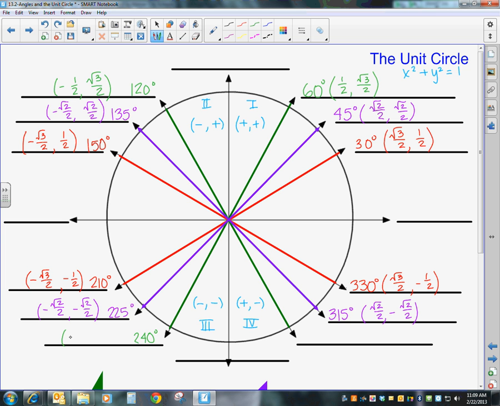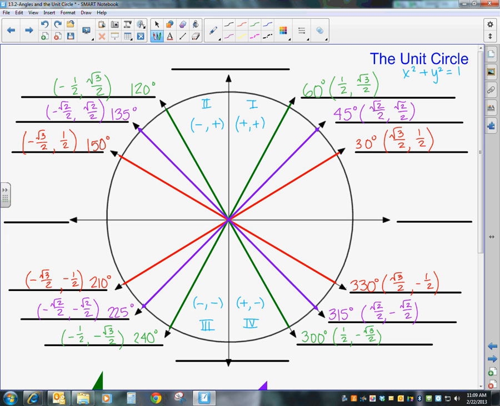Both of them are negative, so I'm at negative 1/2, comma, negative square root of 3 over 2. And then when I go to my last 60-degree angle, these angles are always being made with our x-axis. 60 degrees before 360 is 300 degrees. My x is back to positive. My y is still negative.